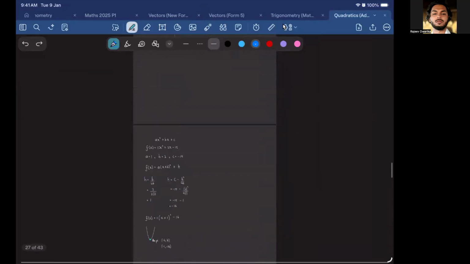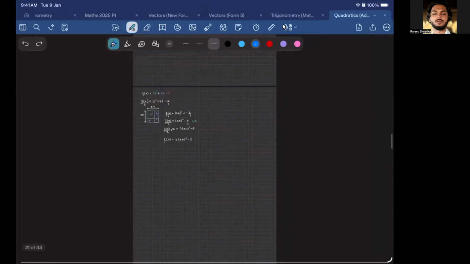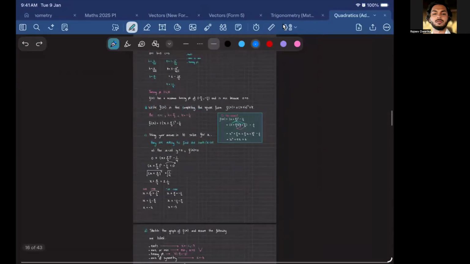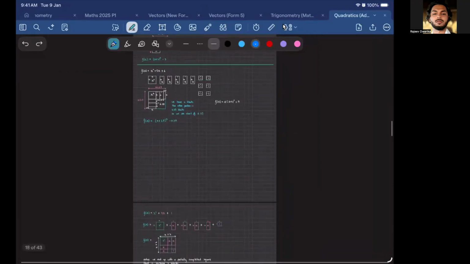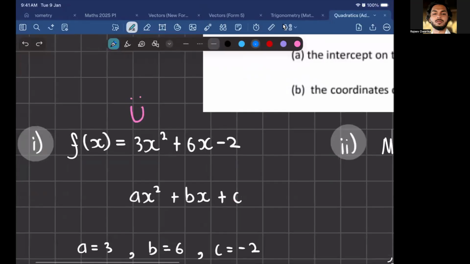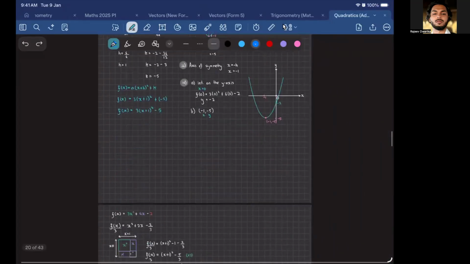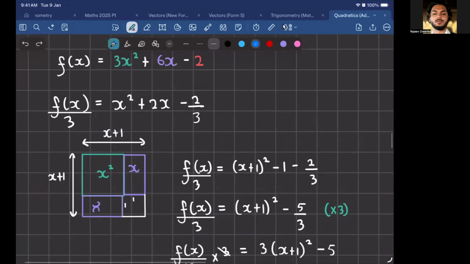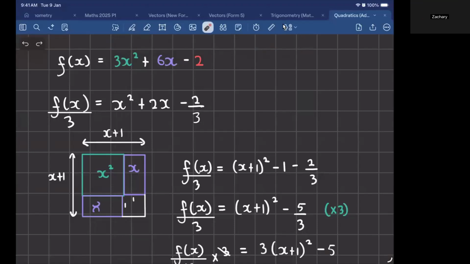Do you remember what happened when we tried to do the diagram for the 3x squared one? Yes, sir. It's kind of a bit crazy. So what did we actually do to work it out? We had to divide the whole equation by 3 to get the coefficient of x squared to be 1.